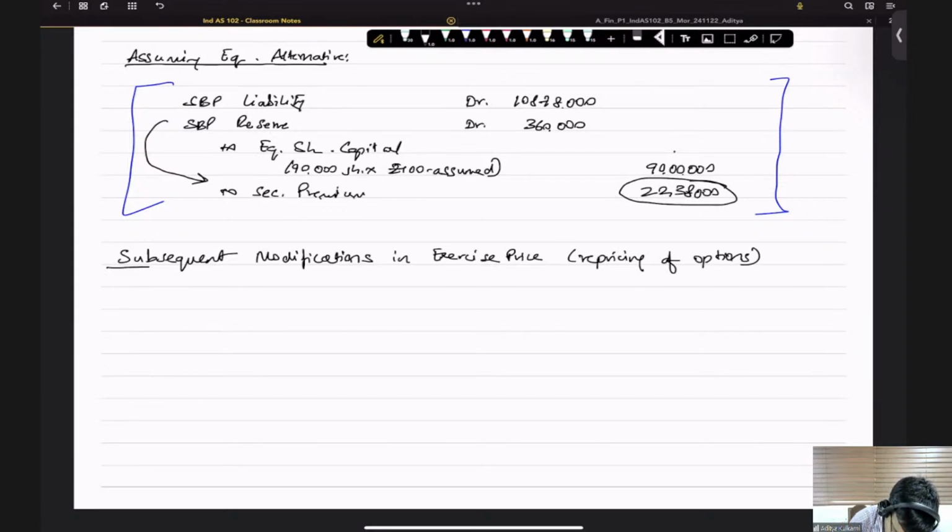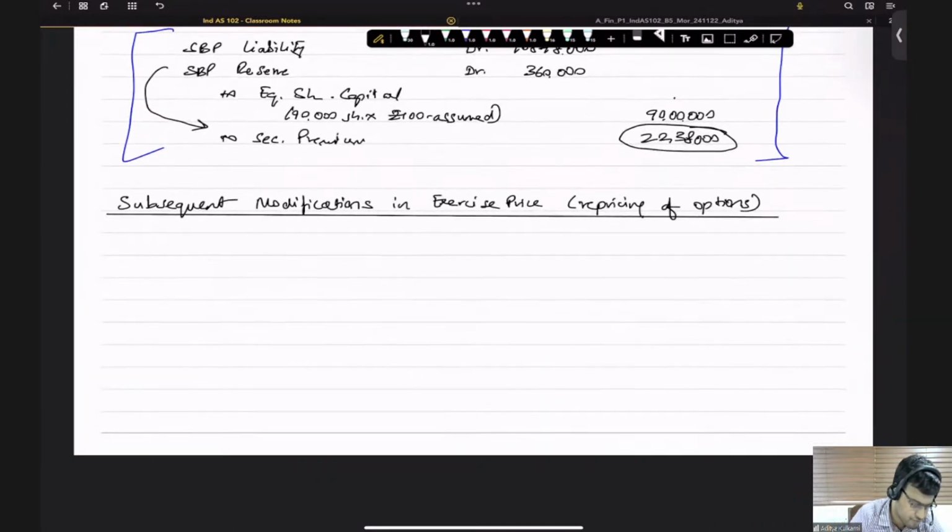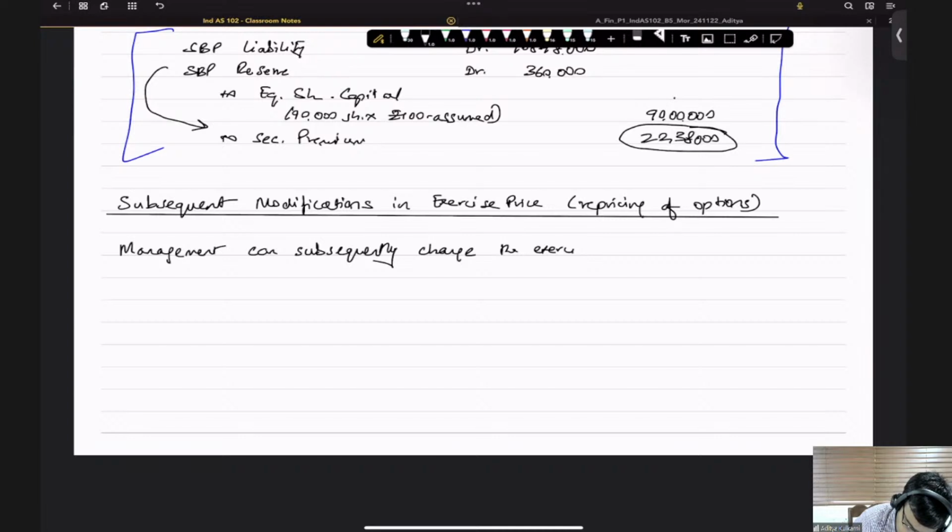Now management can subsequently change the exercise price.